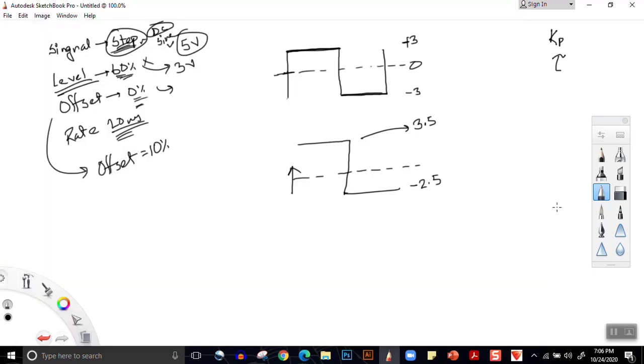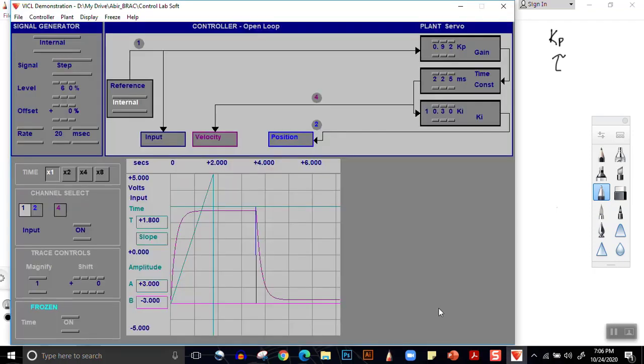We call this 6 volts the input span. So input span is equal to 6 volts. Now similarly, going into the software, we click A and click the uppermost part of the output, click B and click the bottommost part of the output.